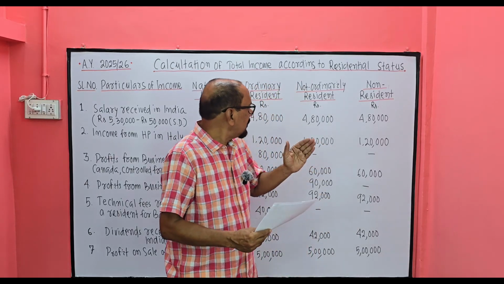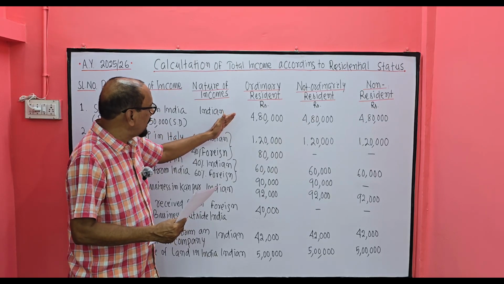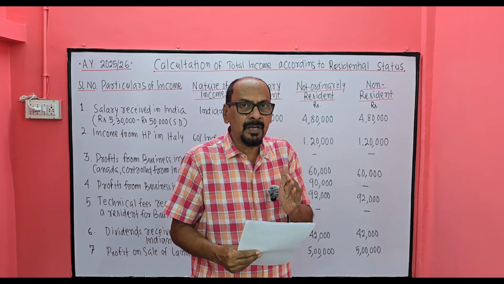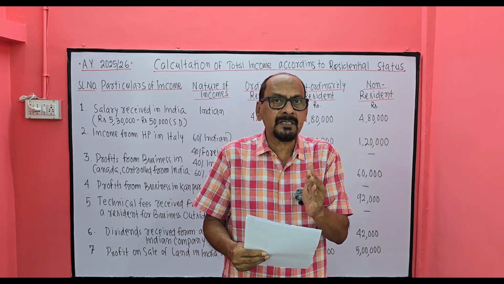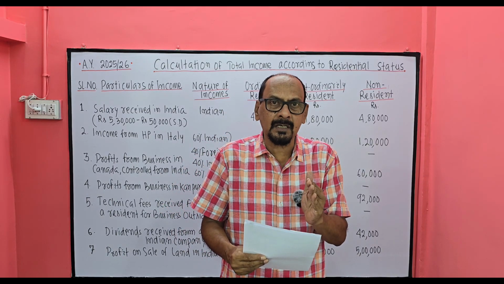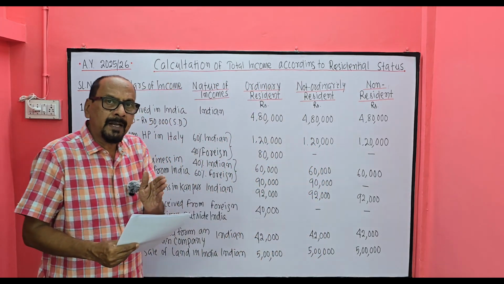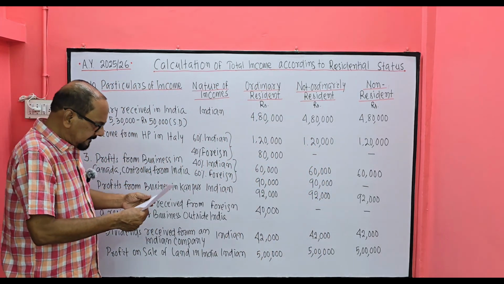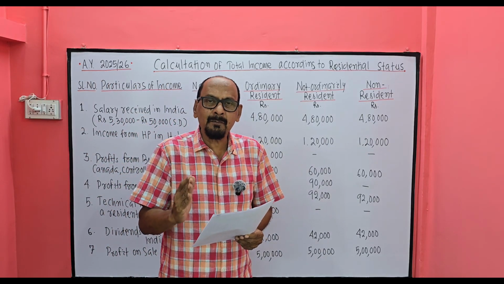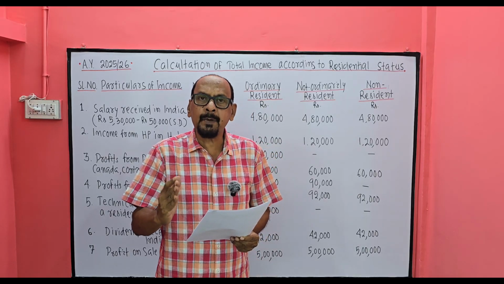So on the board, the treatments are mentioned, and I will explain step by step how each financial transaction is to be treated on the basis of residential status. The first financial transaction is salary received in India for services rendered in Spain.